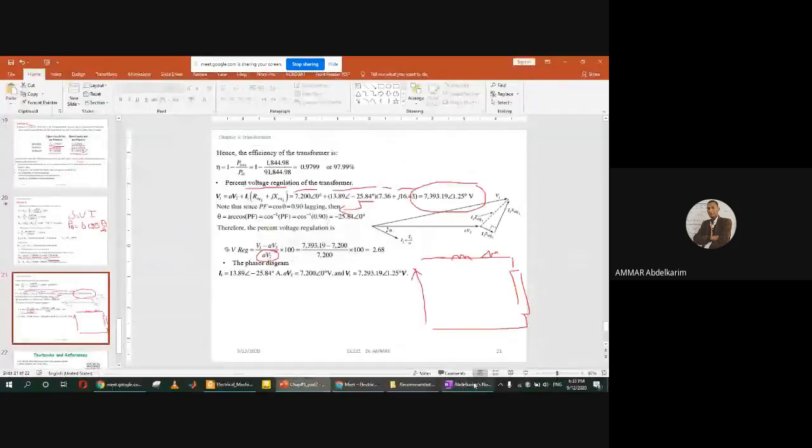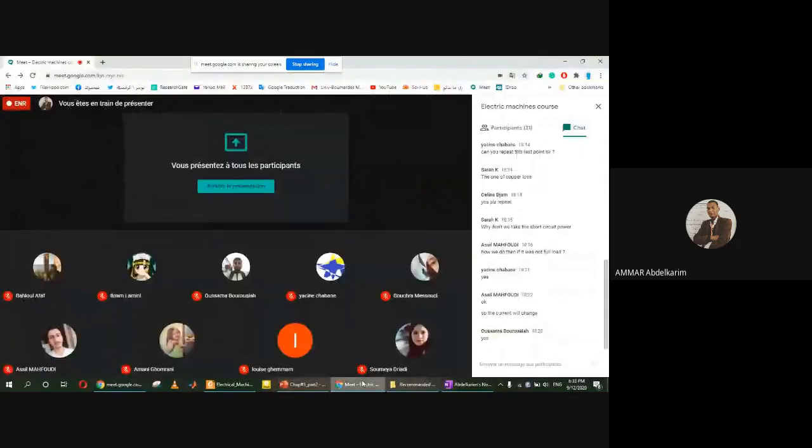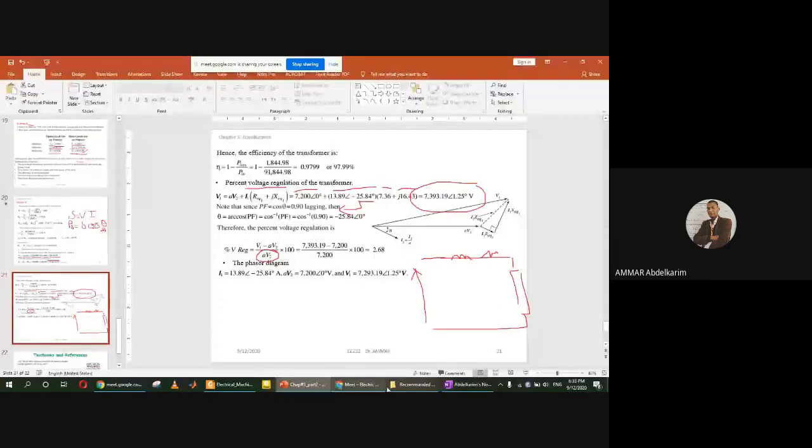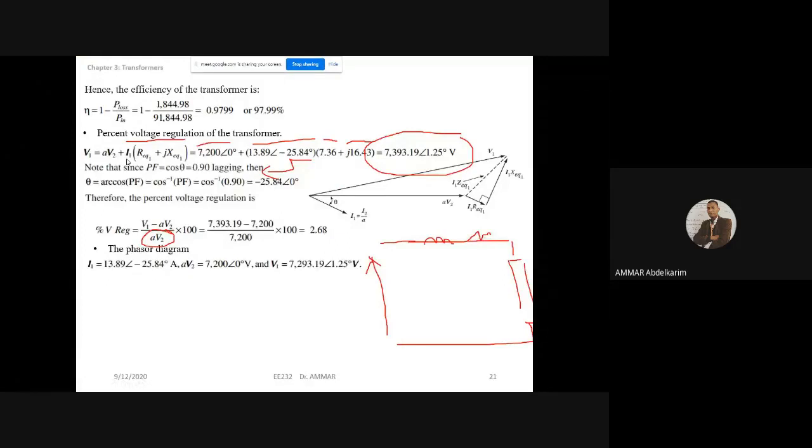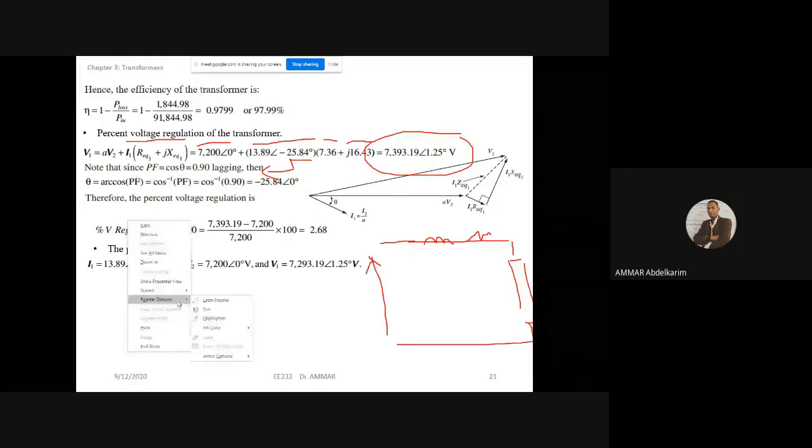We can choose the reference as the no load or the full load voltage, and it will give the same result. So here we have to calculate the voltage drop, the effect of adding a load. How can this load affect our transformer?